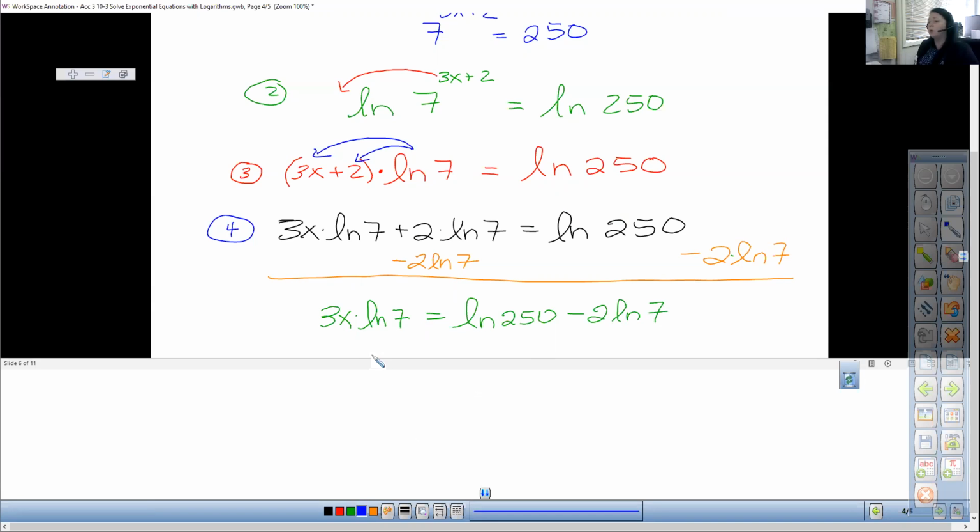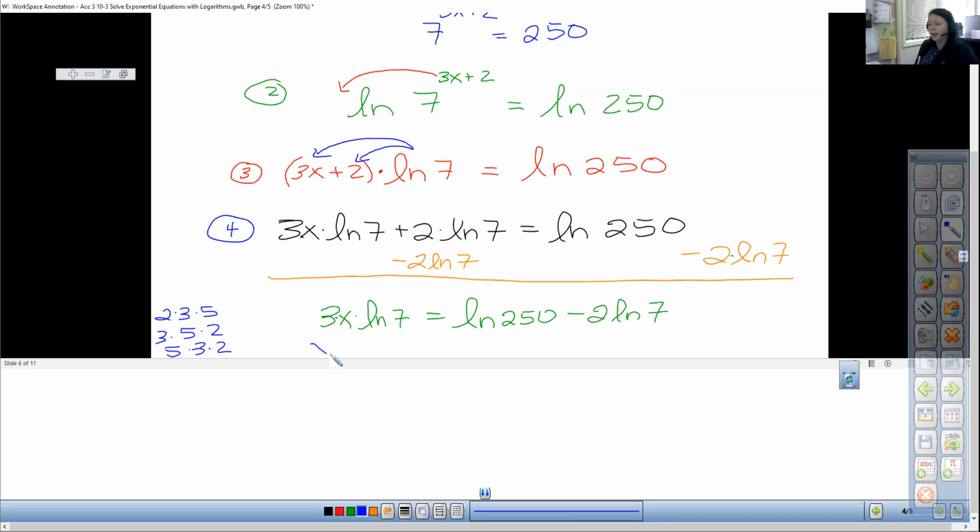So now, to get at my x by itself, I want this to be as clean looking of an exact solution as possible. So think of this, guys. This is all multiplication. 3x means 3 times x. So I have 3 times x times the natural logarithm of 7. It's like if I had 2 times 3 times 5. I have 3 factors. I can write them in any order I want to.